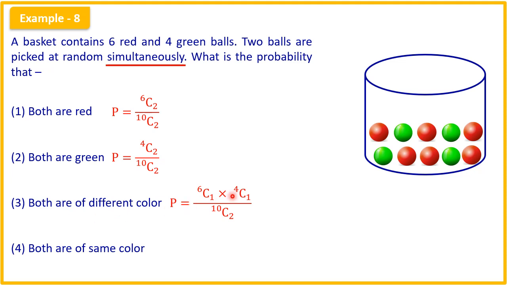As the word and I am using here, so there will be multiplication. Coming to the fourth part, what is the probability that both are of same color? Means either both red or both green. So this will be equal to 6C2 or means plus 4C2. So these are the answers of these 4 questions when both the balls are picked simultaneously.